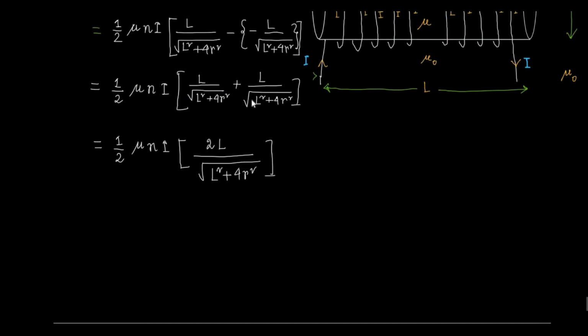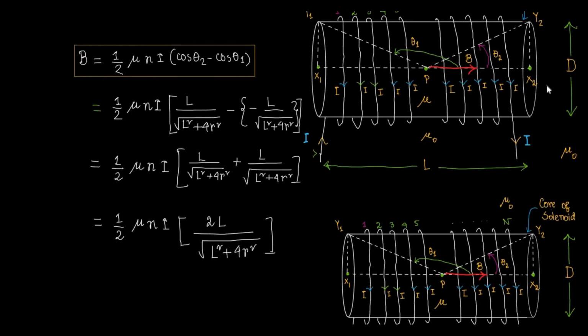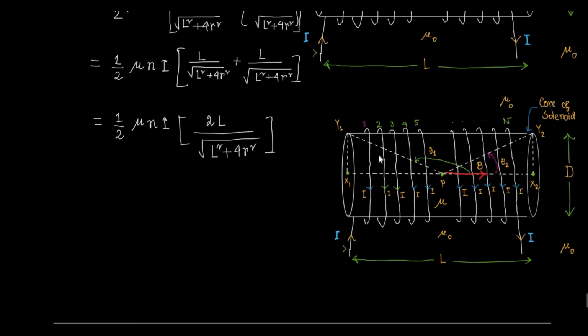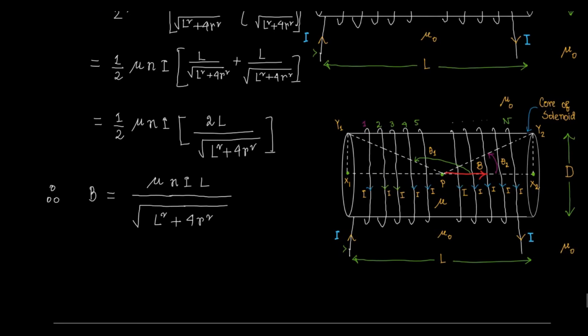So mu Ni times 2L divided by root over L square plus 4R square. Therefore, B is equal to mu NiL divided by root over L square plus 4R square.